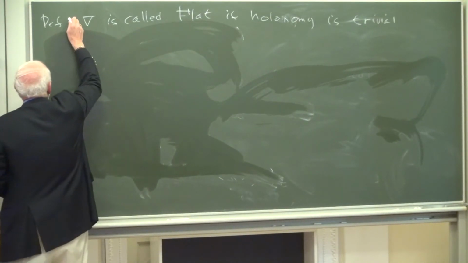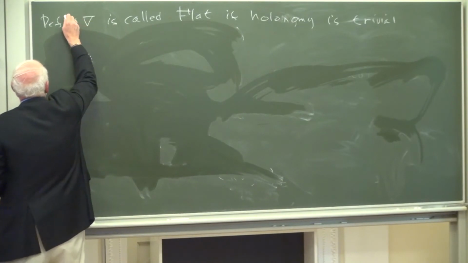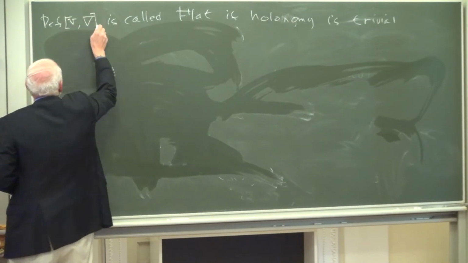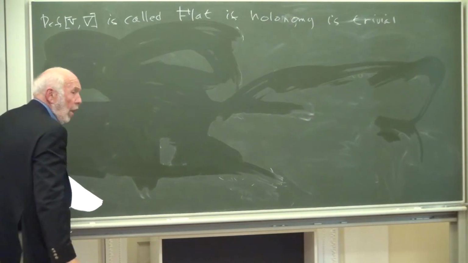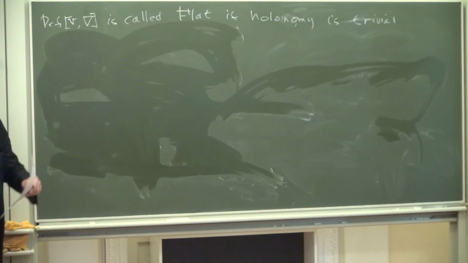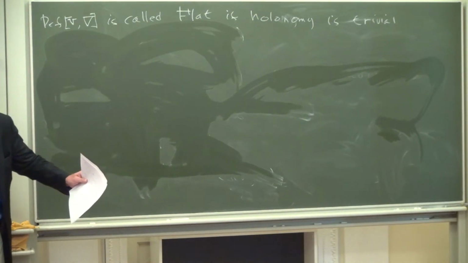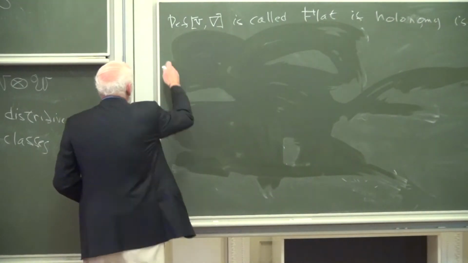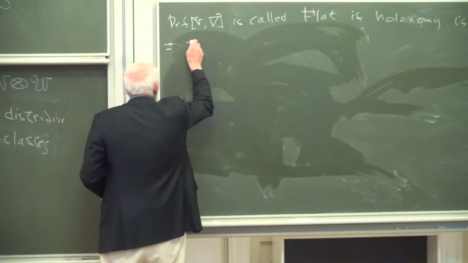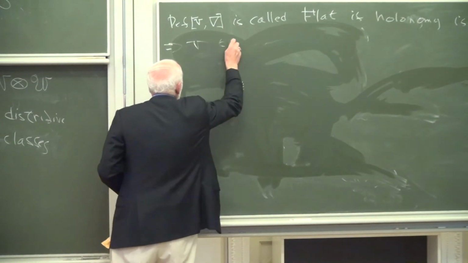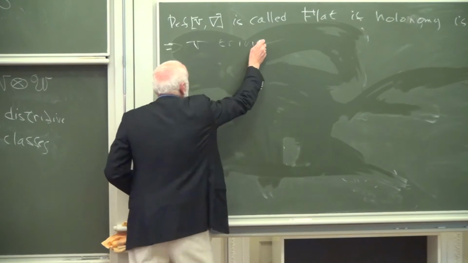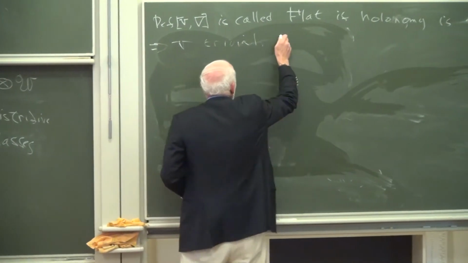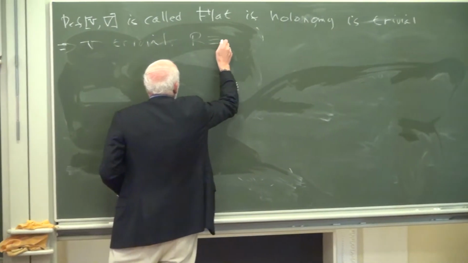This pair (V, ∇) is called flat if it has trivial holonomy, and that means the bundle is trivial as a bundle, and the curvature vanishes, so it implies V trivial, curvature vanishes.